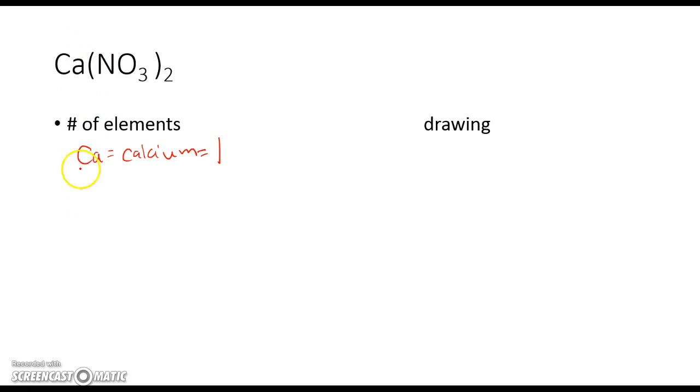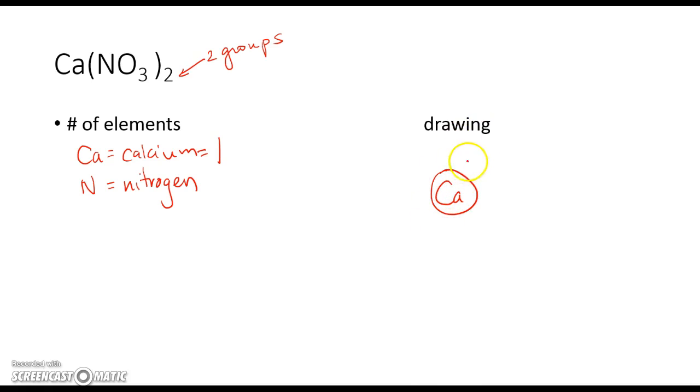Now, for these here, these are in parentheses. So take a look what this means. So in this case, I definitely have N, which stands for nitrogen. And because it's in parentheses, that means I have 2 groups of NO3. Okay, so for this one, I think it's easier to draw. So I'm going to write calcium as being one of the elements I have. And then I'm told that I have 2 groups of NO3.